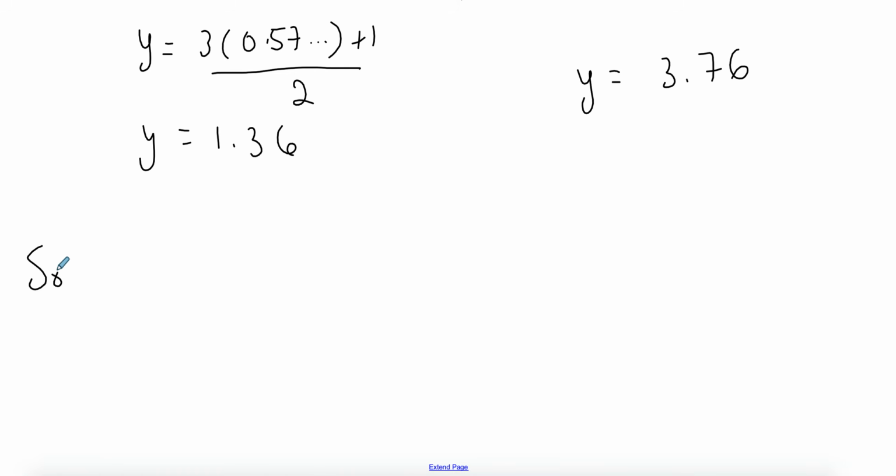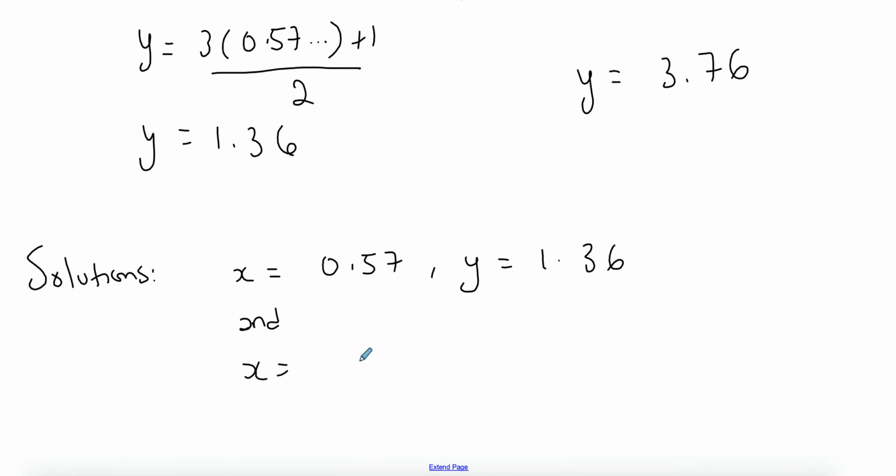So your solutions are x equals 0.57, and with it comes y equals 1.36, and you have 'and' or 'or', it doesn't matter. Usually we write 'and' for these, and it's this. So we have these two solutions.